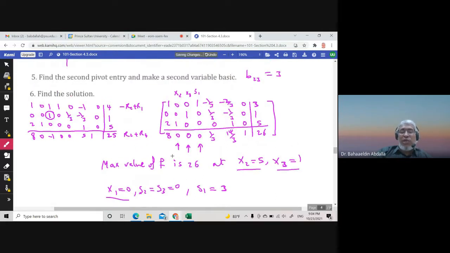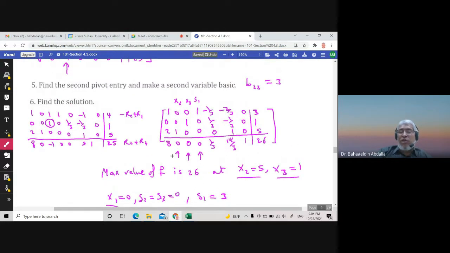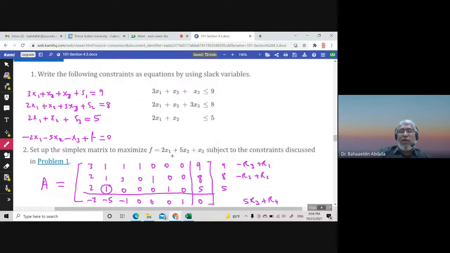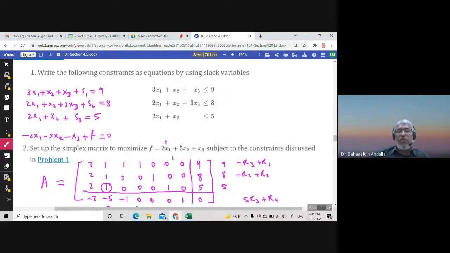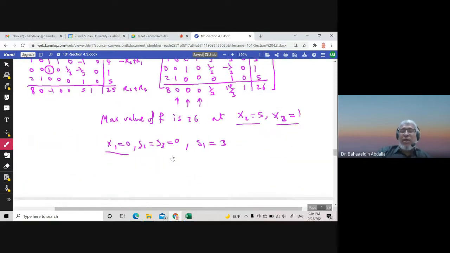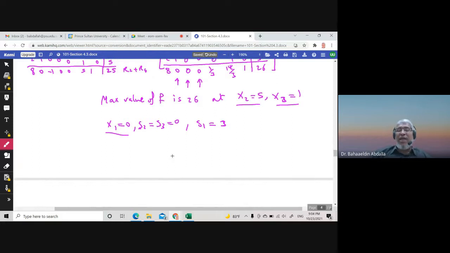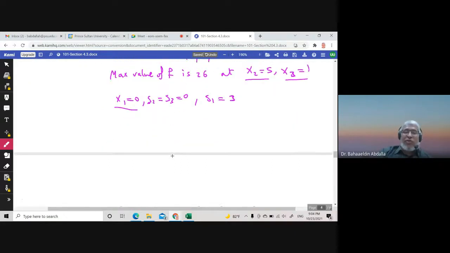Let us put it in the equation to make sure. 0, 5, 1. 25 plus 1 is 26. Yes, if 0, 5, 1, then the maximum value of f is 26, and that's the corner point 0, 5, 1 in which this maximum occurs.